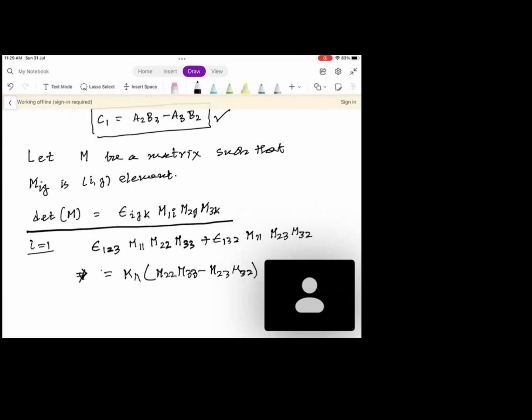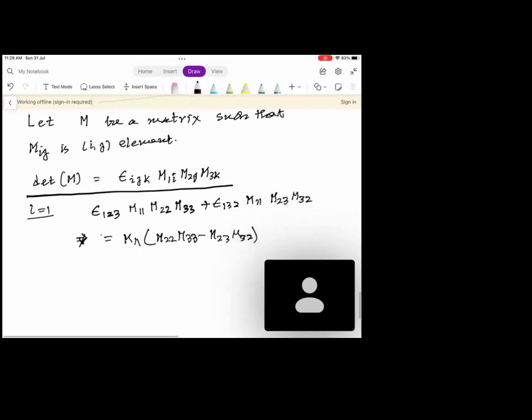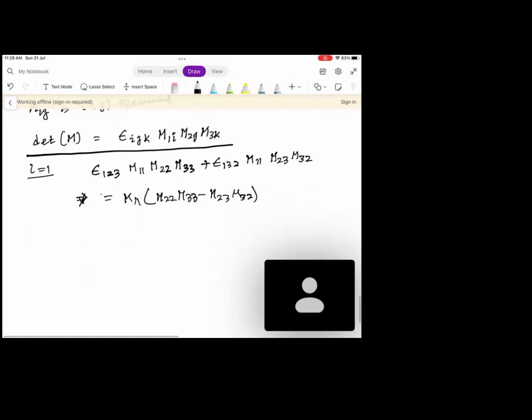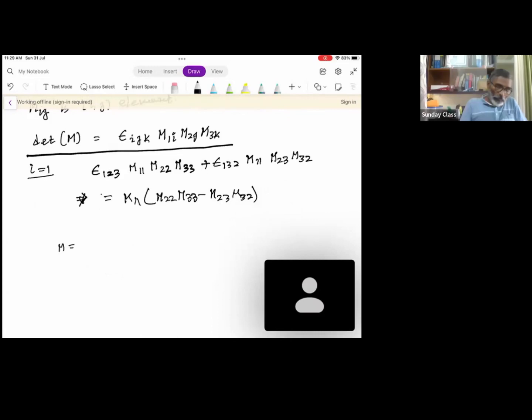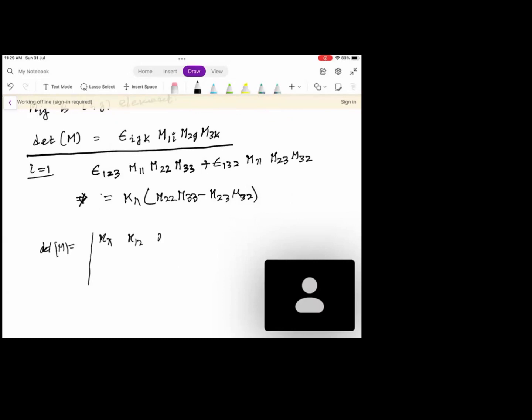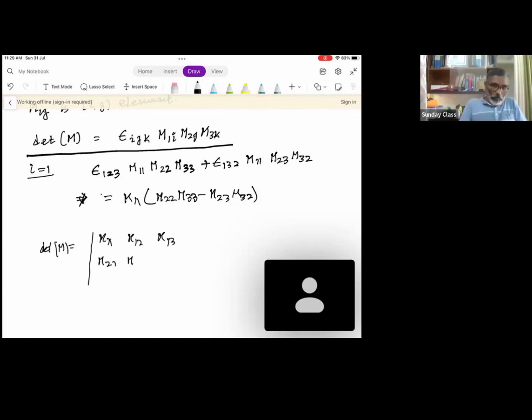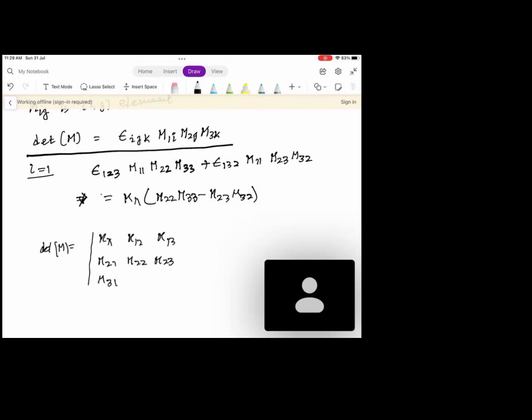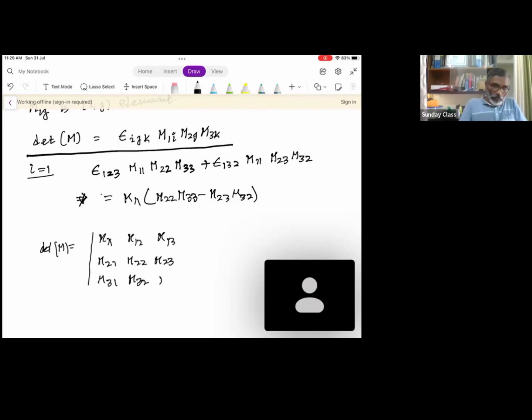Sir, here M23, M32 will be 0 or not? See, your matrix M is written in this fashion, right? So determinant of M is equal to M11, M12, M13, M21, M22, M23, M31, M32, M33, right?